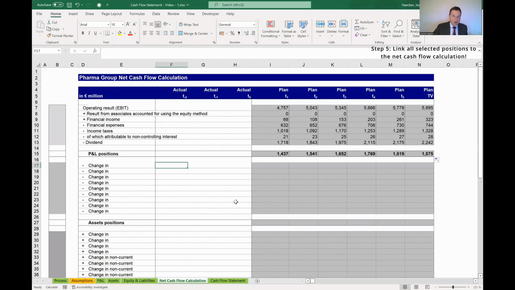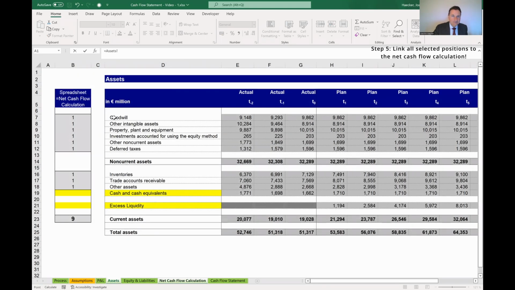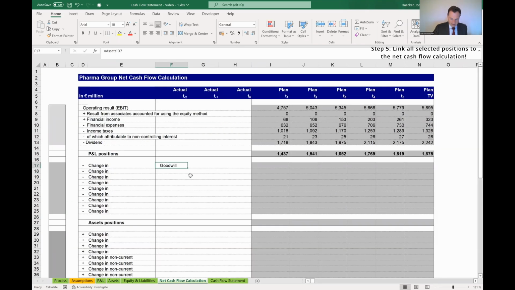So what are our asset positions? Asset positions are the goodwill and the other intangible assets, the property, plant, and equipment, the investments counted using the equity method, the other non-current assets, as well as the deferred taxes.